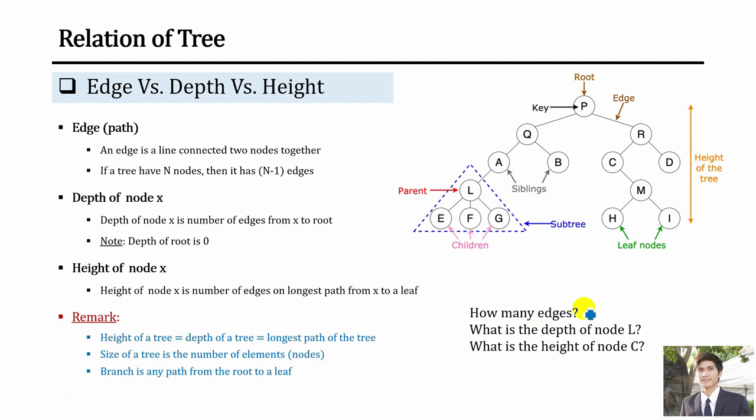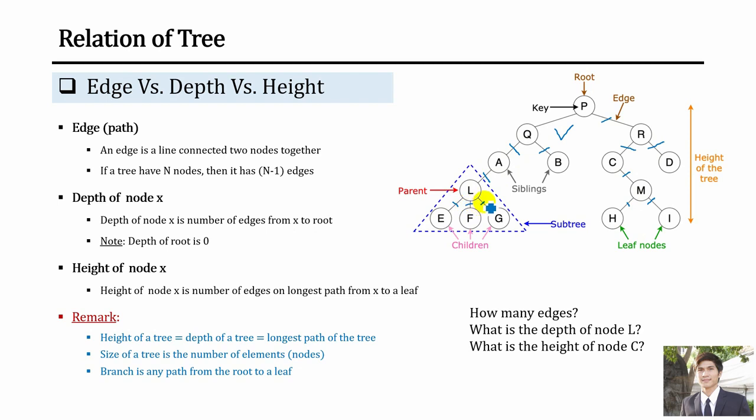Let's see this tree. How many edges does it have? Edges are the lines that connect nodes together, so we can count them: 1, 2, 3, 4, 5, 6, 7, 8, 9, 10, 11, 12, 13.